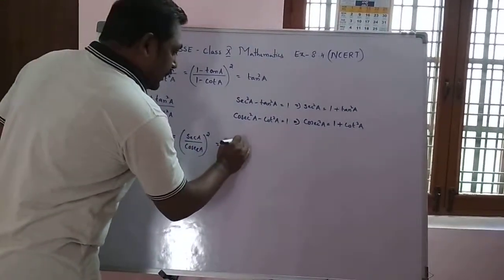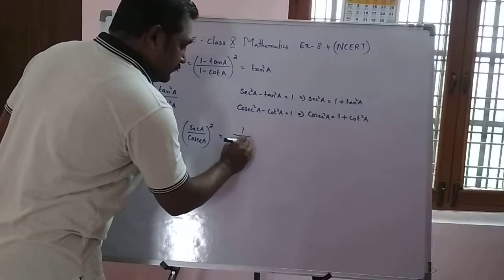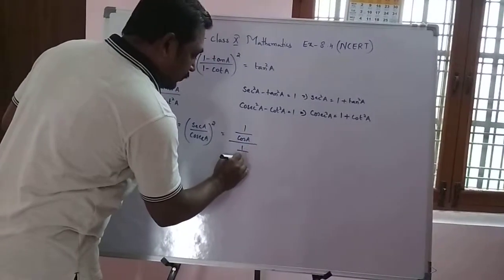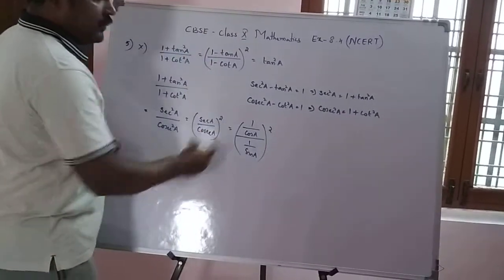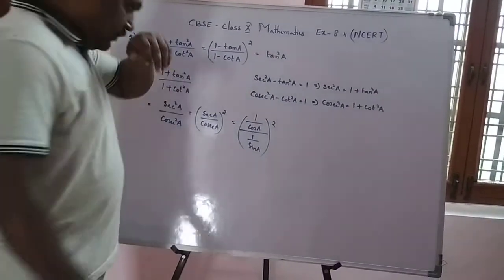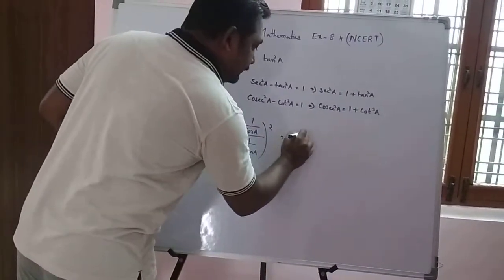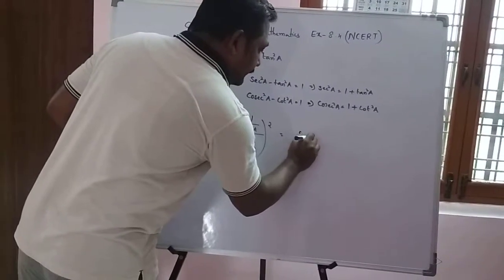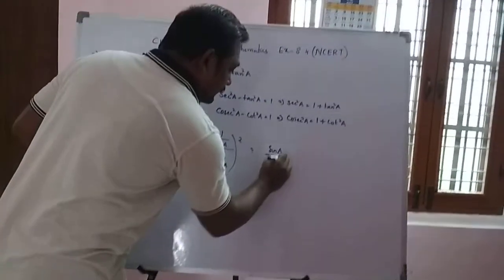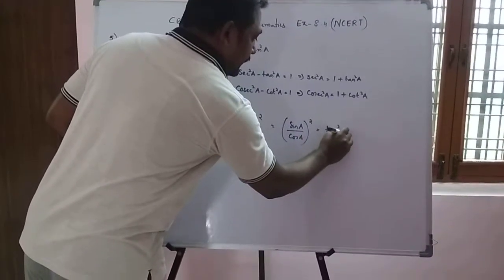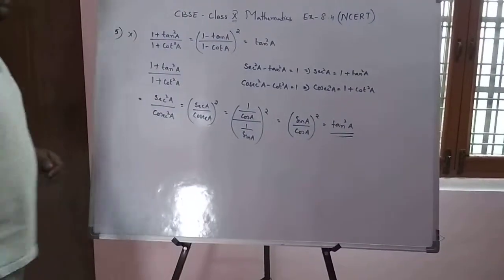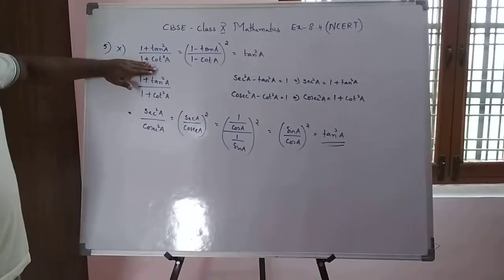Secant A is 1 by cos, whereas cosecant A is 1 by sine. Now this is the form (1 by B) by (1 by D), which we can write as (sine A by cos A) whole square, which is nothing but tan square A. Right. This is the first part of this question.